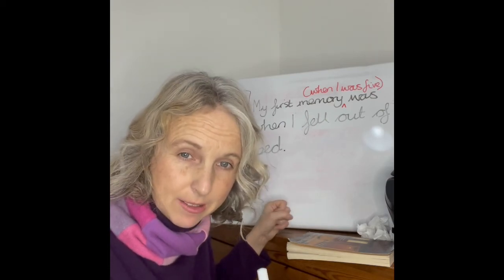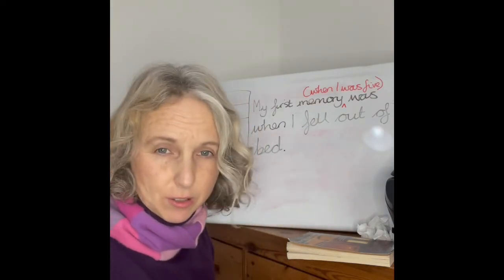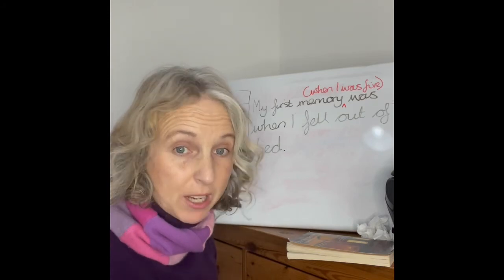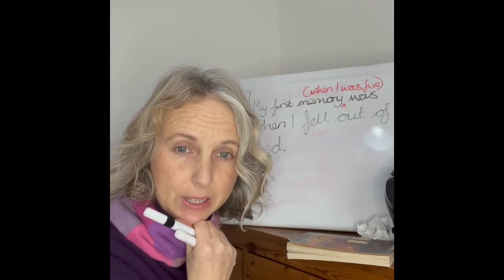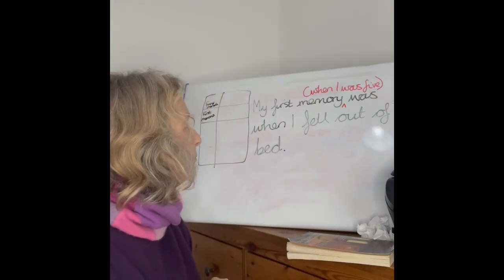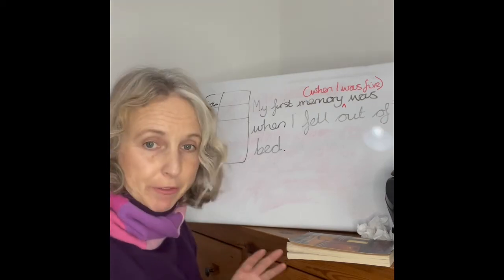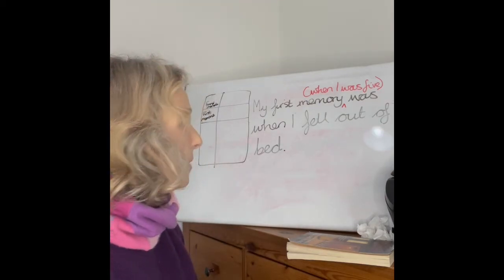Does that make sense? If it doesn't, you can message me on Google Classroom and I can always telephone you, or I can speak to you at some point, and we can go through it. So my first memory when I was 5 was when I fell out of bed.